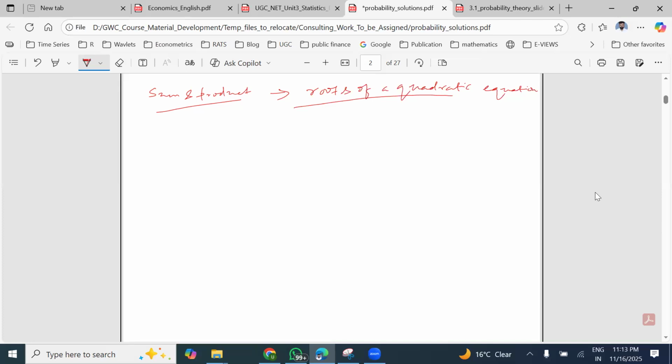Because this is a very old concept that we all learned in school days, let me tell you quickly. This is a very golden shortcut, because it will save you a lot of time.